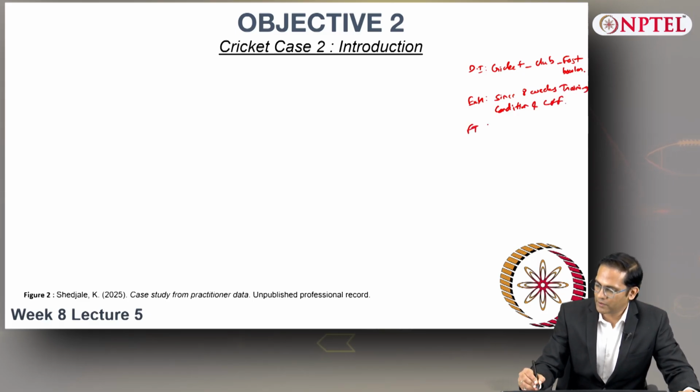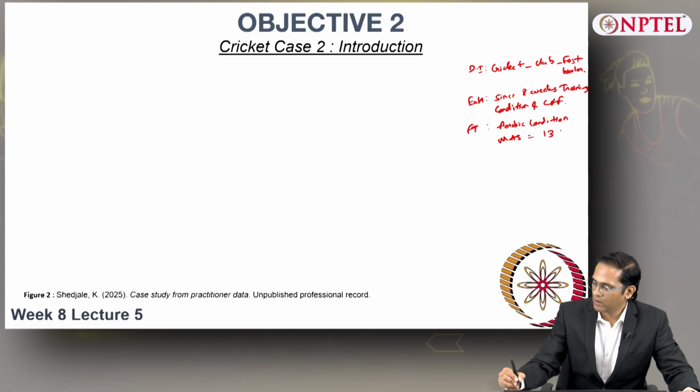Now the fitness test. The current aerobic conditioning, which is represented by MAS value, is 13.5 km per hour, and the current cardio capacity, which is represented by VO2 max, is around 46 ml per kg per minute.